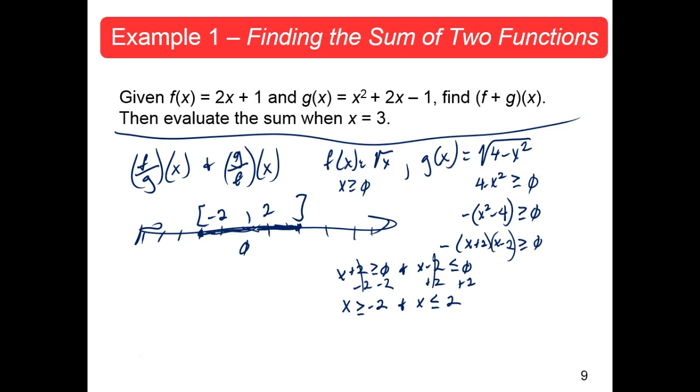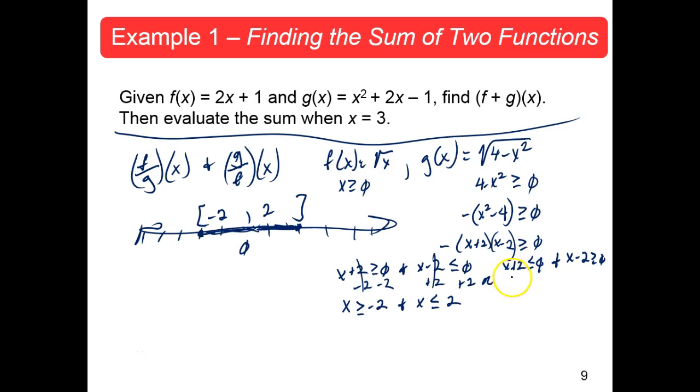Now we have to consider the other case. In this case, let's let this one be negative and that one positive. So it's either this or x plus 2 less than or equal to 0, and at the same time, x minus 2 greater than or equal to 0. What do we do here?